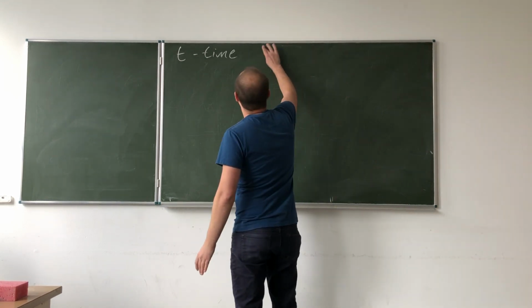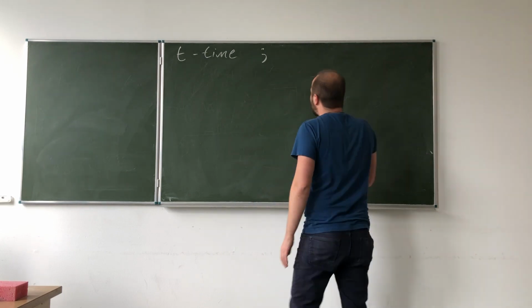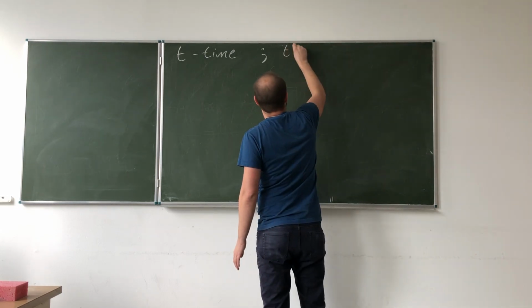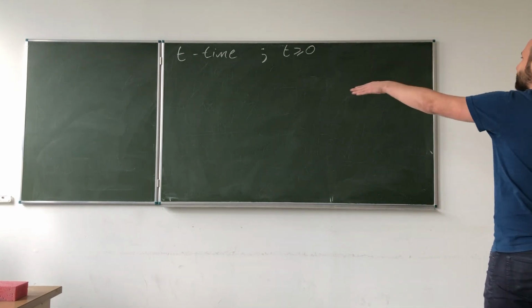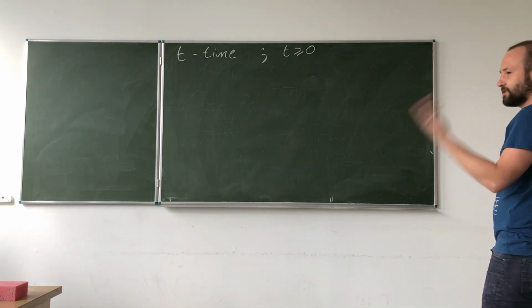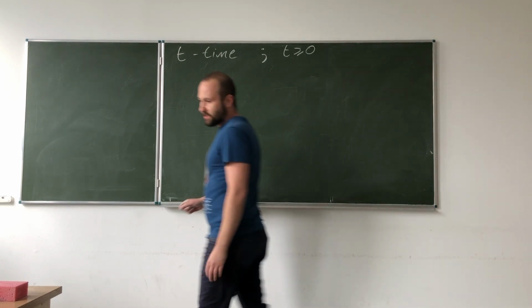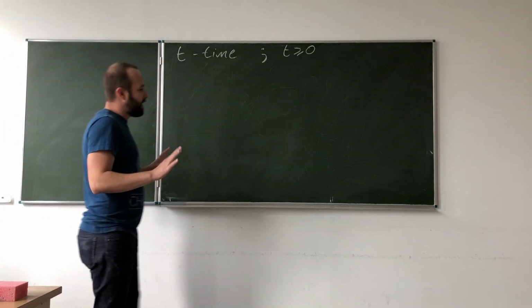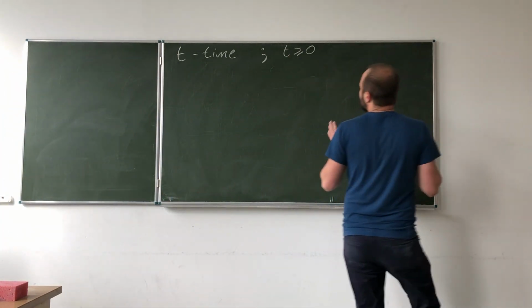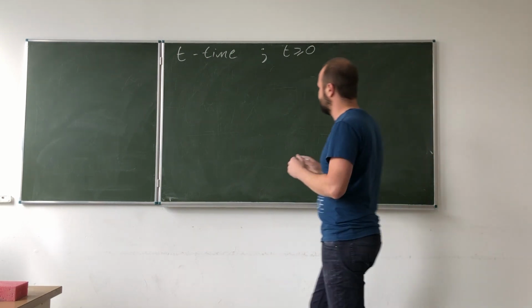But as it will be with our economic applications, which will be more practical than this, you can simply assume that we start at 0 and then the time moves forward. We cannot change the past. Okay, and look, this actually reduces our interest only to non-negative arguments, because it starts at 0.